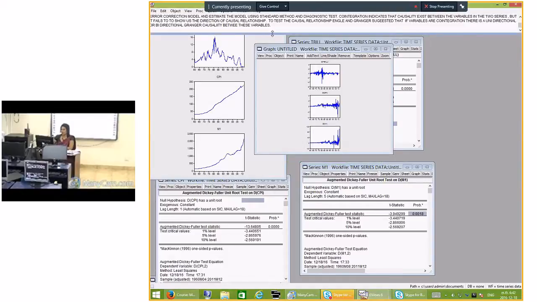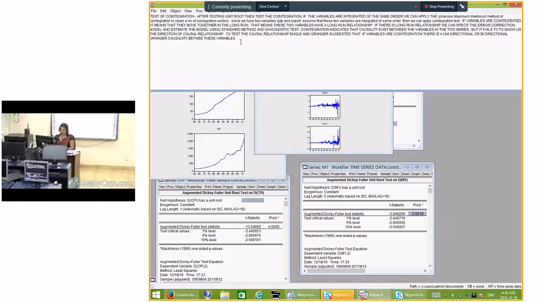Right, so our next topic next week is doing again unit root, co-integration test, and Engle and Granger test.